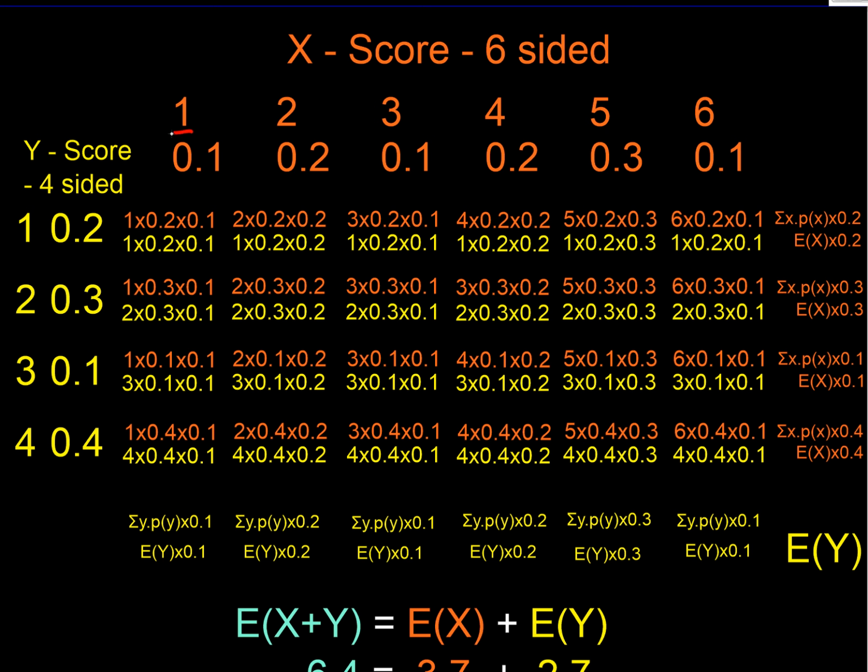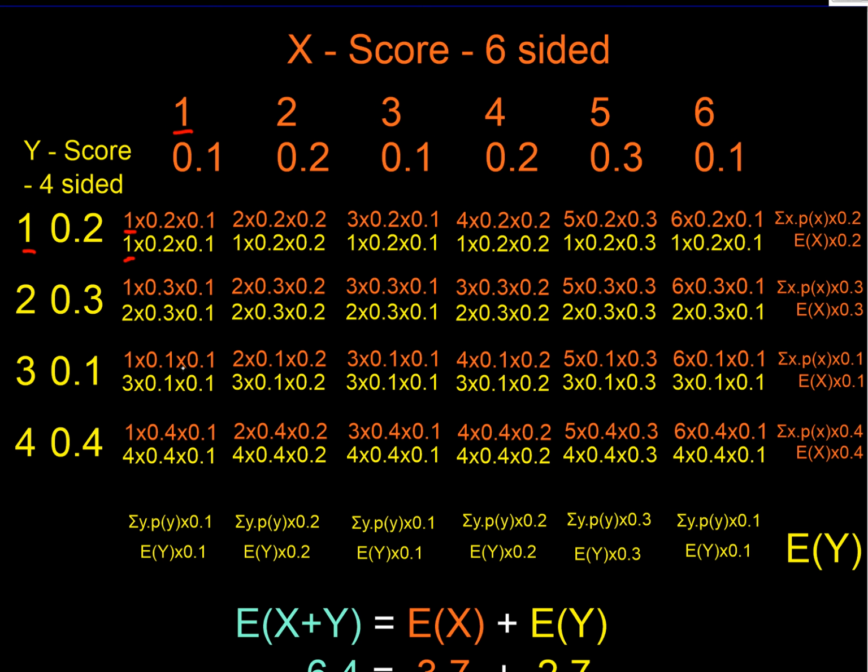We can have 1 for the score on the six-sided dice, and we could have a score of 1 for the score on the four-sided spinner, and we add those together, we get 2.